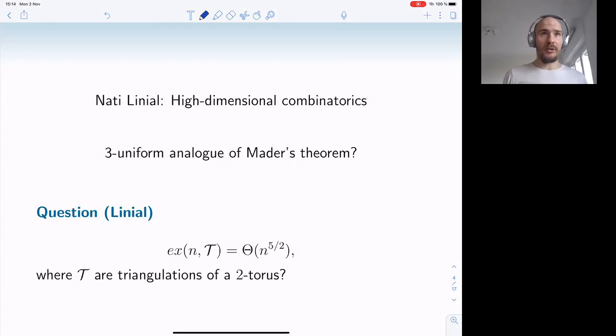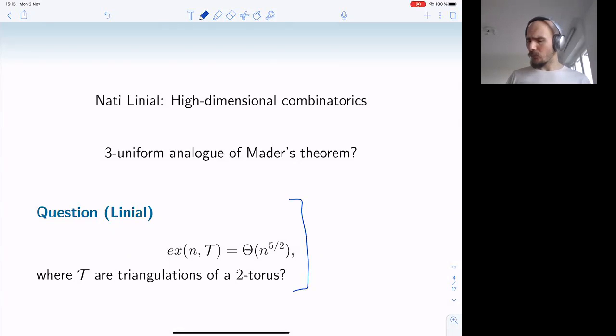What I mean by this is we're looking at all triangulations of a two-dimensional torus, and we are looking at the maximum number of edges an n-vertex three-uniform hypergraph can have if it avoids all those triangulations. So this is one of the main questions that we'll be dealing with.